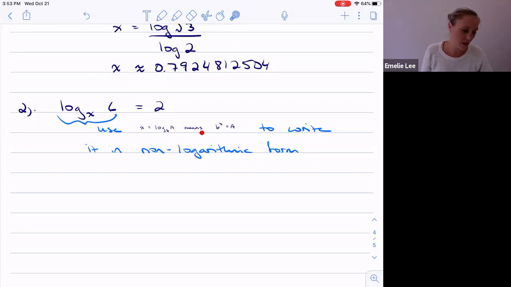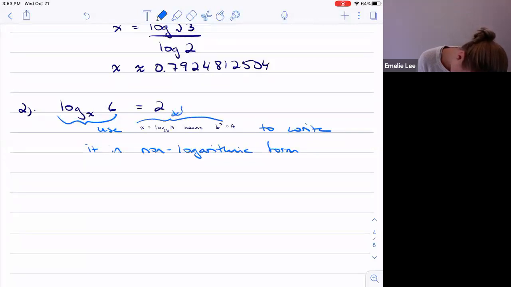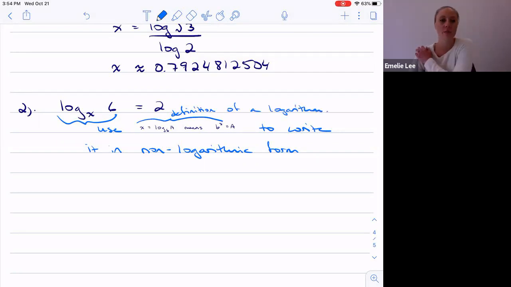This here is the definition of a logarithm. Instead of me saying that, I figured it would be easier to just bring it in.